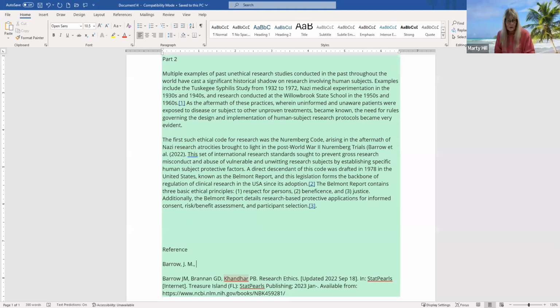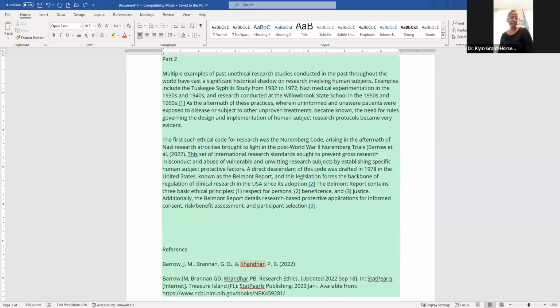Then the second author, Brannon, G, D, comma, and then the last one. In references, we use the ampersand instead of the word and. Then you'll type the last name, Can R P, and make sure to put a space in between the initials of the authors. And then you'll put the publication date.